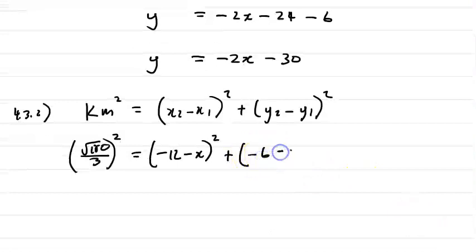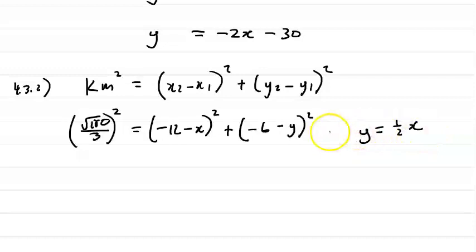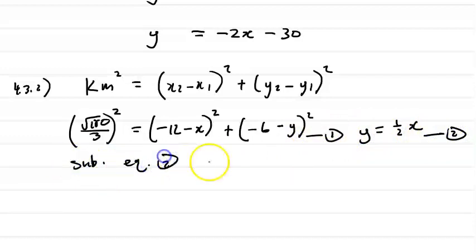And what else do we know? Well, we also know that y = 1/2 x. So we've got simultaneous equations. If you now call that equation 1, call that equation 2, you can now substitute equation 2 in equation 1.